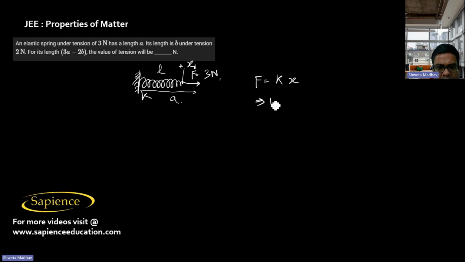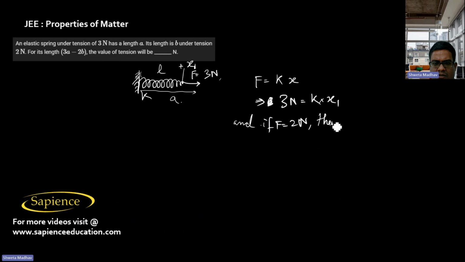So here 3 Newton is equal to K into x1. Similarly, when it is under the tension 2 Newton, the extension is x2 and the length is B. Then the length 3a minus 2b, we have to find out the tension for that.